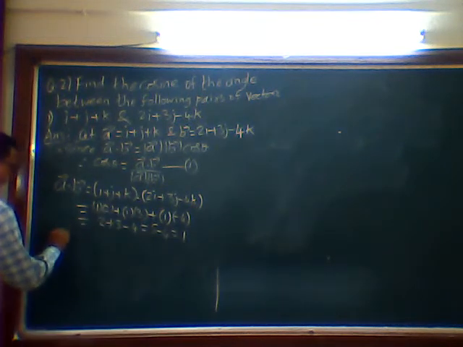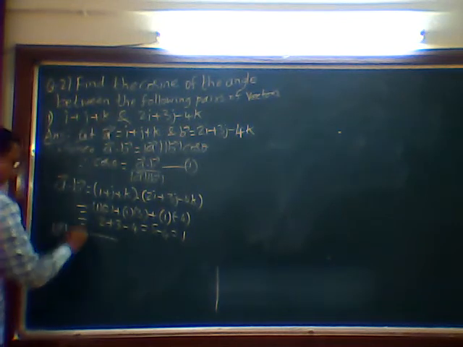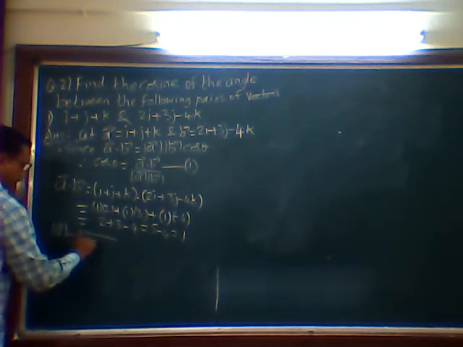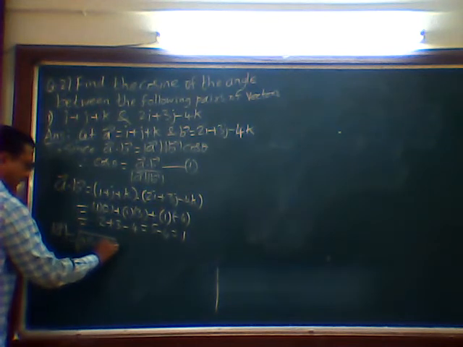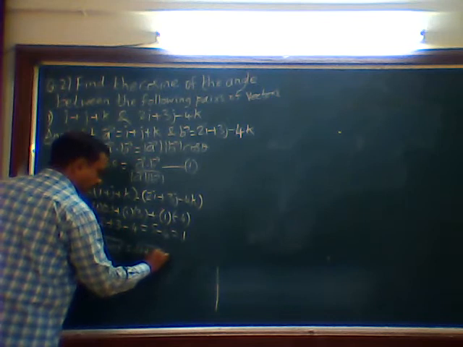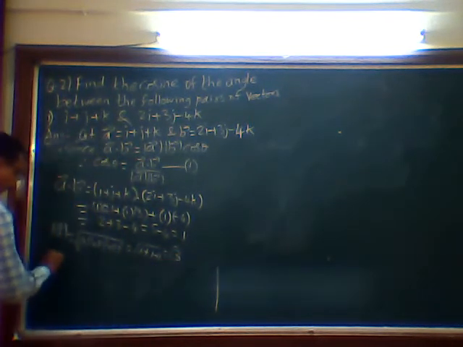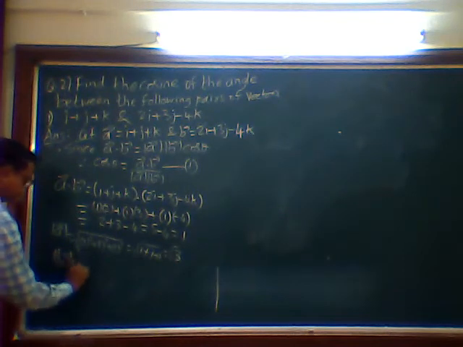Next we will find mod a bar. Mod a bar is square root of 1 square plus 1 square plus 1 square, which is 1 plus 1 plus 1, root 3. Next we will find mod b bar.